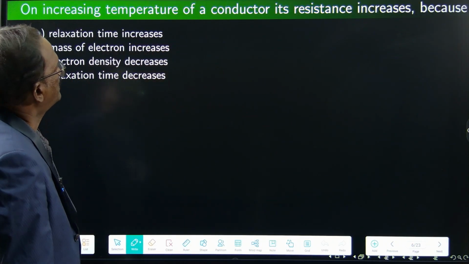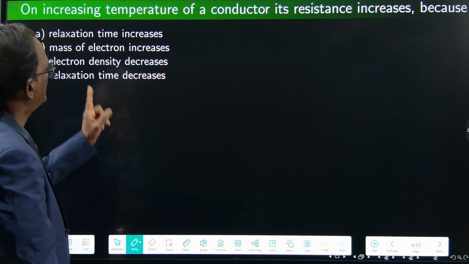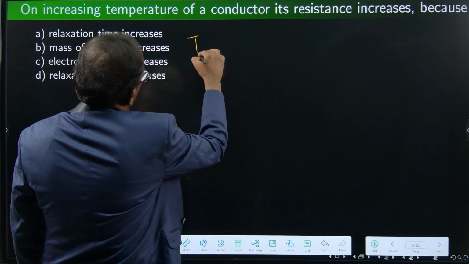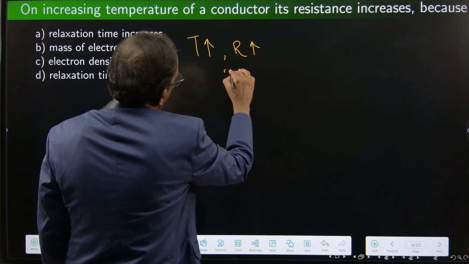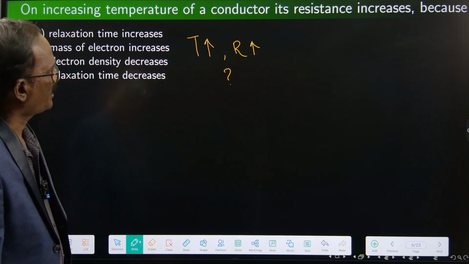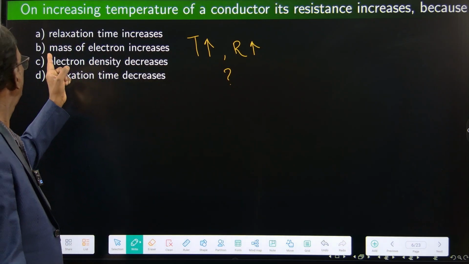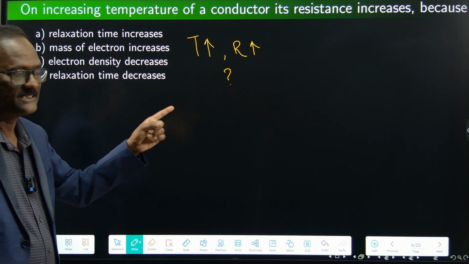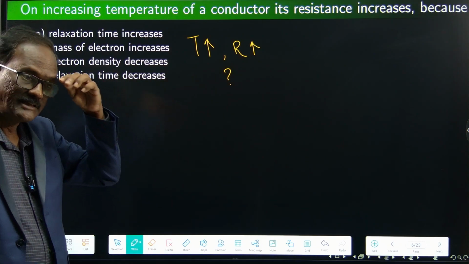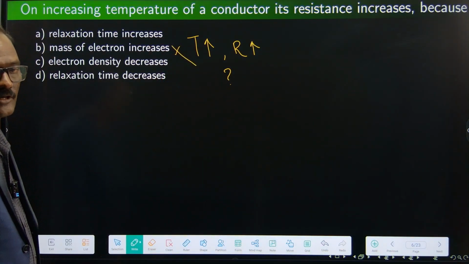On increasing the temperature of a conductor, its resistance increases. Why? Because relaxation time increases, mass of electron increases, electron density decreases, or relaxation time decreases. Mass of electron is constant, so this will not be the answer.